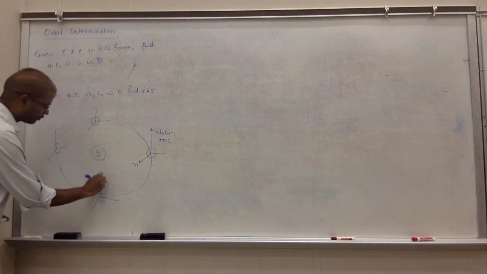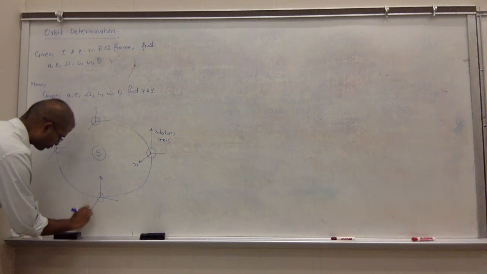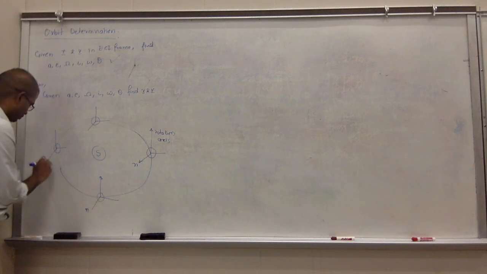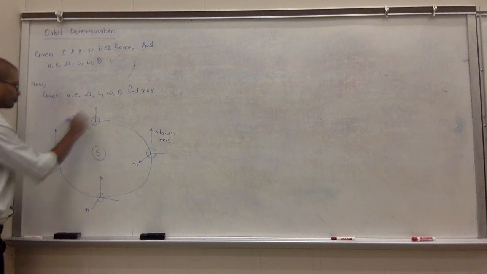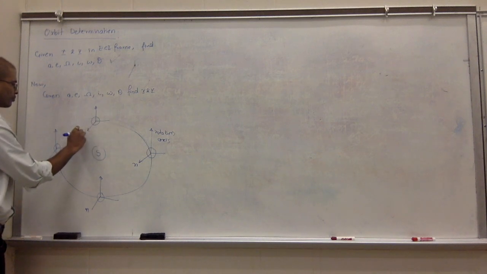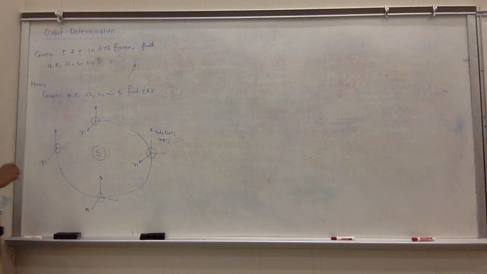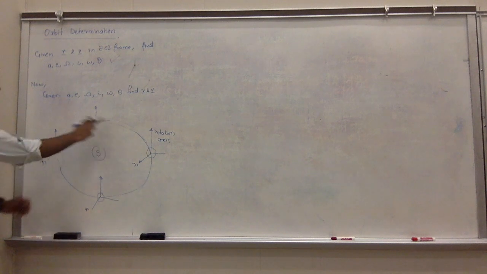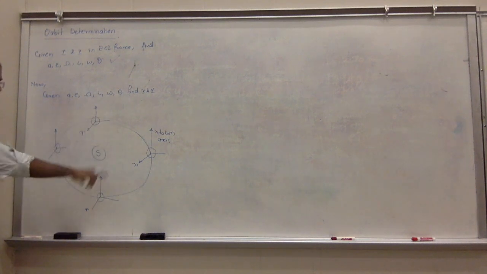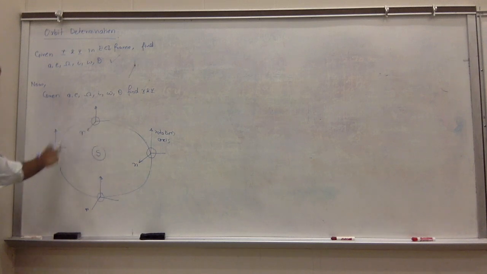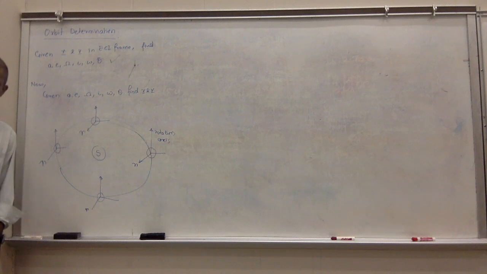Okay, and it will be the same. This Aries constellation is so far away from this orbit that it doesn't matter where Earth is in the orbit. You can think of the Aries direction as pretty much there all the time.